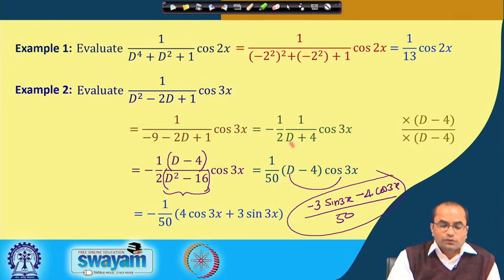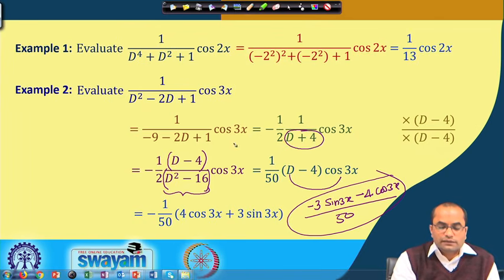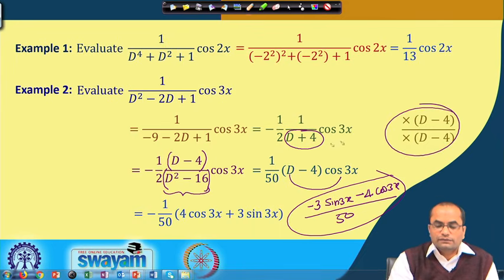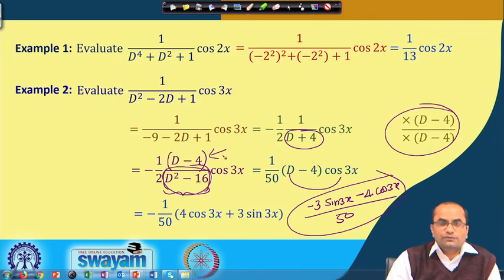So, the trick here was that once we have this d plus 4 in the denominator, then we can apply the conjugate d minus 4 to both numerator and denominator, which makes again a d square term in the denominator, meaning d square minus 16. And in the numerator we have the d minus 4 term.